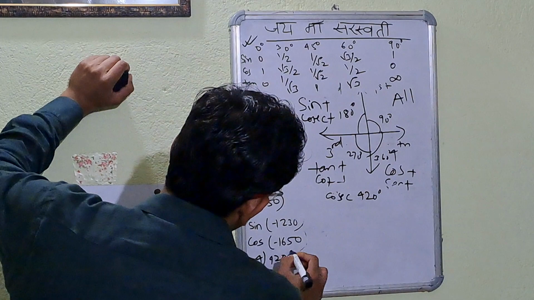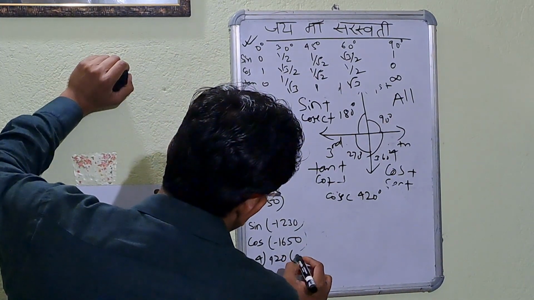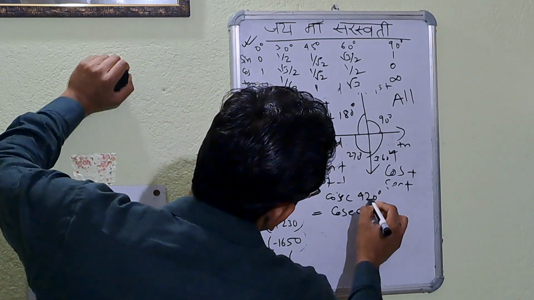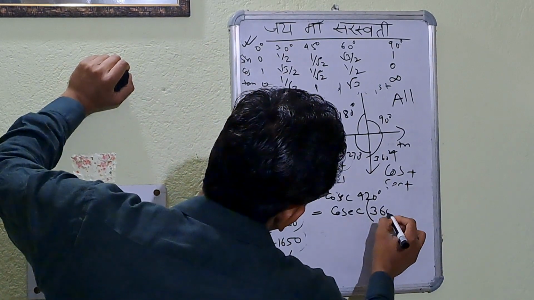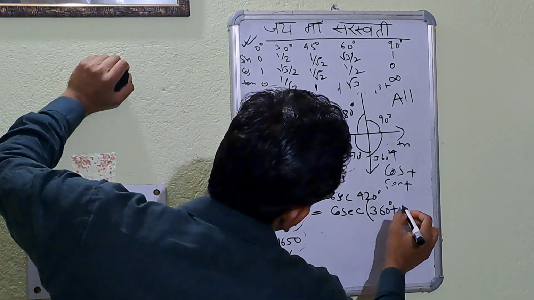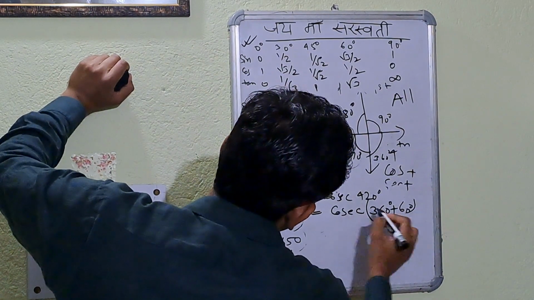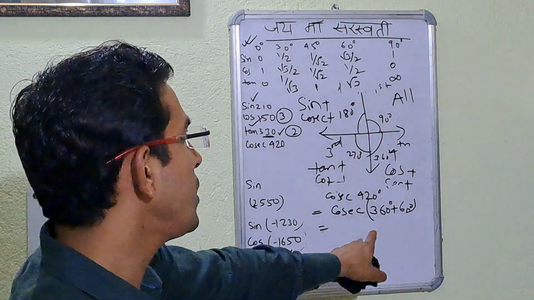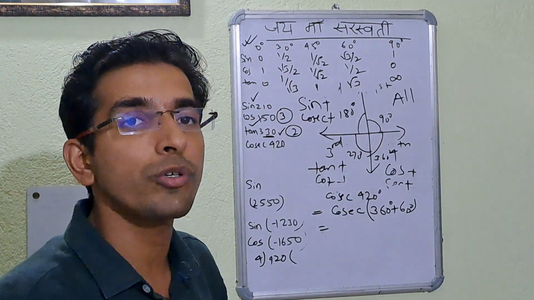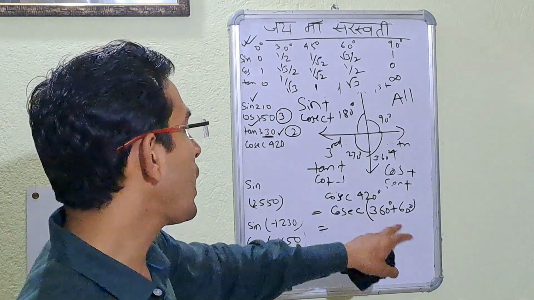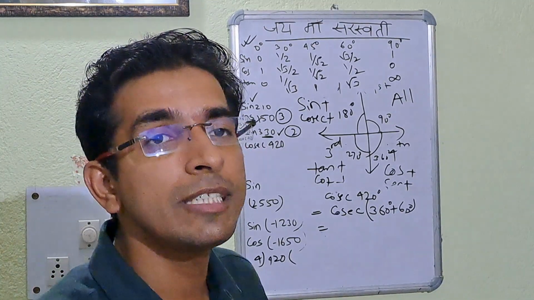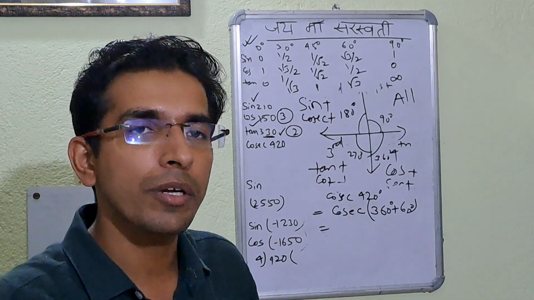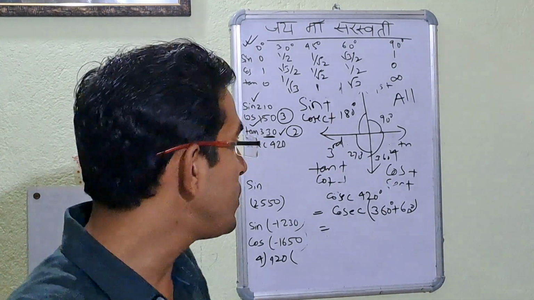I will show you. First and foremost, it will be cosec of 360 degree, because 420 degree is nearer to 360 degree. So it is cosec of 360 degree plus 60 degree, that is cosec 420 degree, because we had taken the help of 360 degree. Now in that case, there will be no change in the trigonometric ratio, but the sign will change.